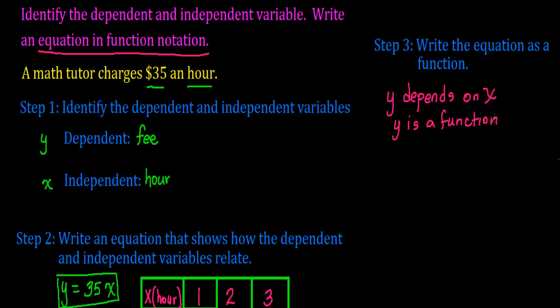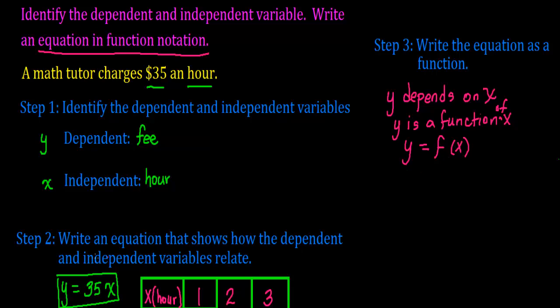It's a function of x. And how do I write that in function notation? Well, this phrase that I just wrote here means that y is a function of x, then I can write it like this.